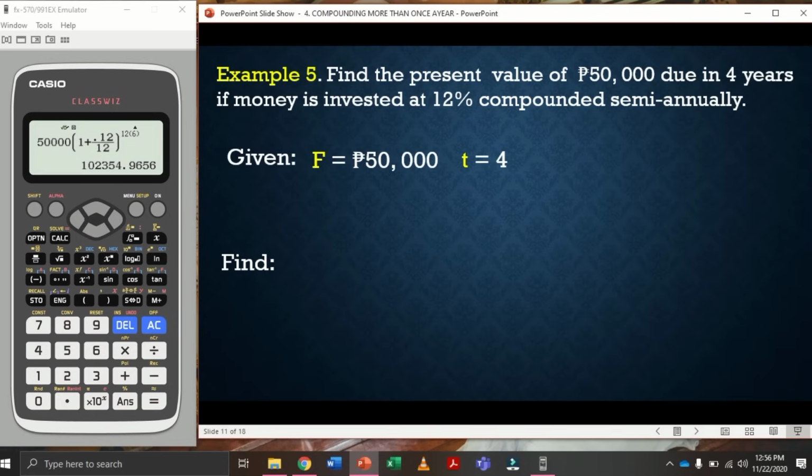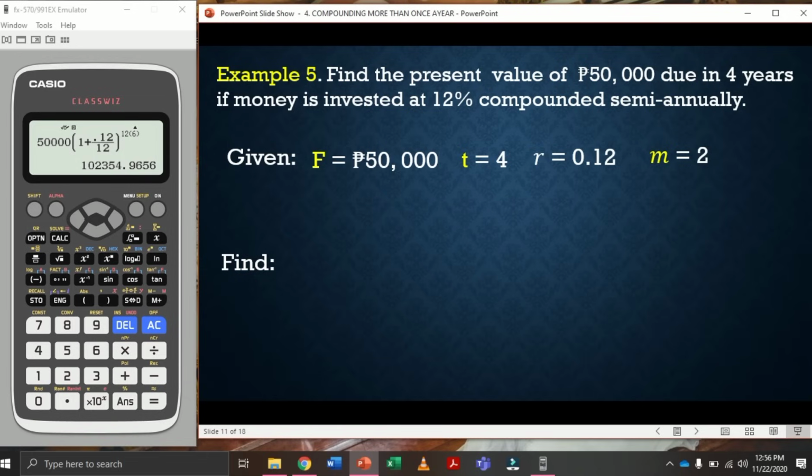The number of years or term is 4 years. And the nominal rate is 12% or 0.12. And then yung M natin or frequency of conversion, that is 2, kasi semi-annually. Ibig sabihin, 2 beses sa isang taon.